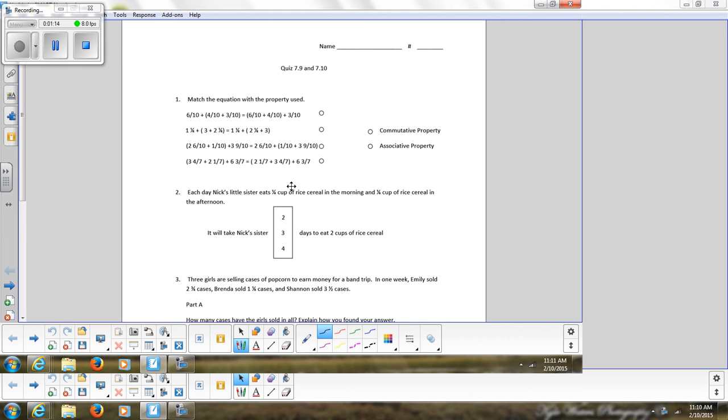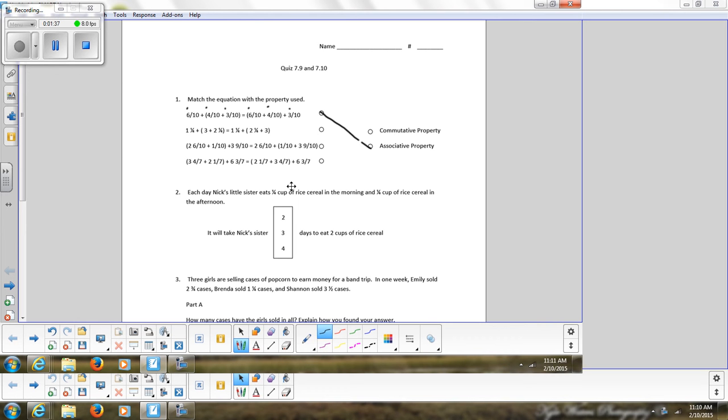Malia. Okay, so if the numbers in number 1, for example, 6, 4, 3 is the same as 6, 4, 3, the same, so it's associative. Check the order of the numbers, because the parentheses just moved. Good. Check the order of the numbers. 6, 4, 3 on one side of the equation, 6, 4, 3 on the other side of the equation. All right, so that one is associative property.